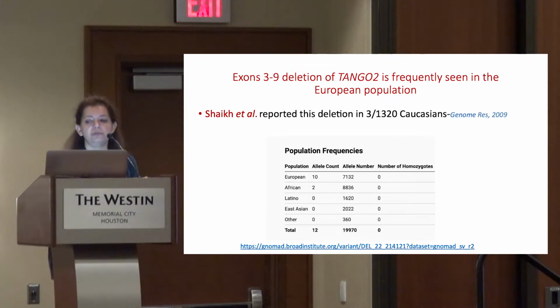This was from 2009, and it was estimated that if they looked at 1,300 Caucasians, 3 of them actually had this deletion. So imagine you're in a gathering of just over 1,000 people, and at least 3 of them will be carriers, not having a full normal copy of TANGO2. That's crazy, right? That's frequent.